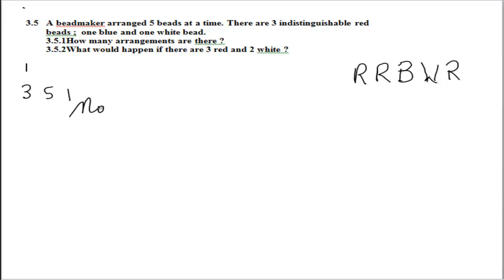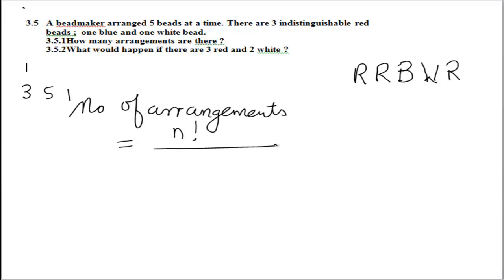So the point here is how many arrangements. The number of arrangements is equal to, let's assume we have the total number n, n factorial over a factorial, b factorial, and c factorial.